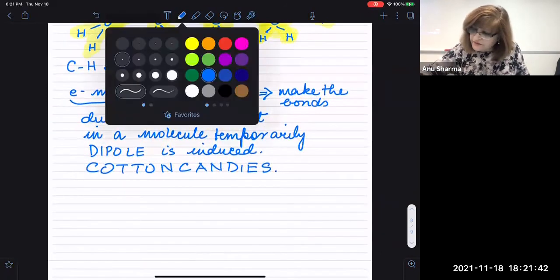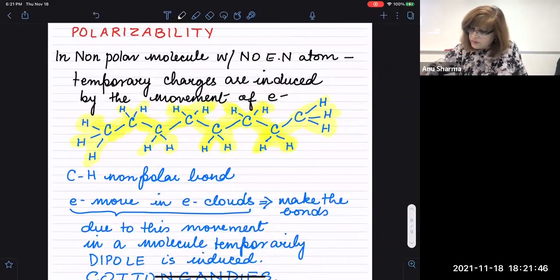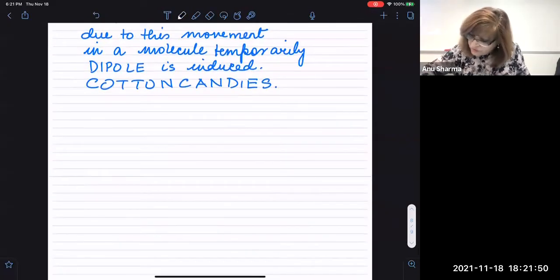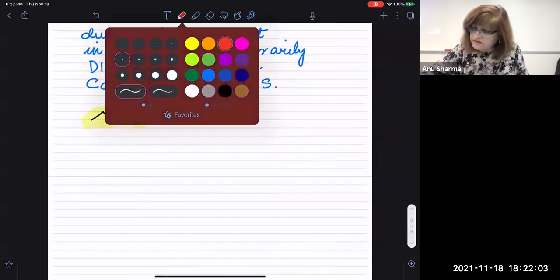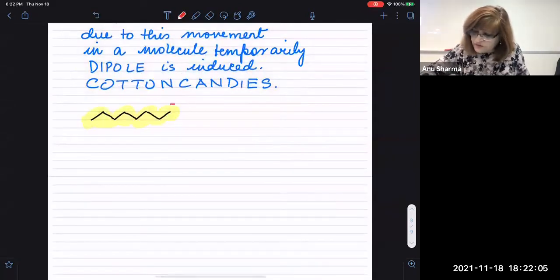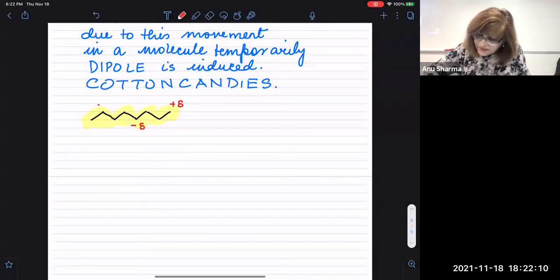So let's do this again. You have 1, 2, 3, 4, 5, 6, 7, 8. So here, this is the electron cloud. It can momentarily be squished, in other words. And with that squishing, one side could be a delta positive, and the other side a delta negative, another side delta positive or negative, whatever, right?